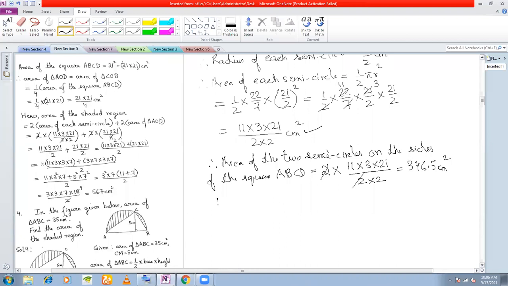Hence, what is the area of the shaded region? Is equal to area of the two semicircles plus the area of the two triangles.